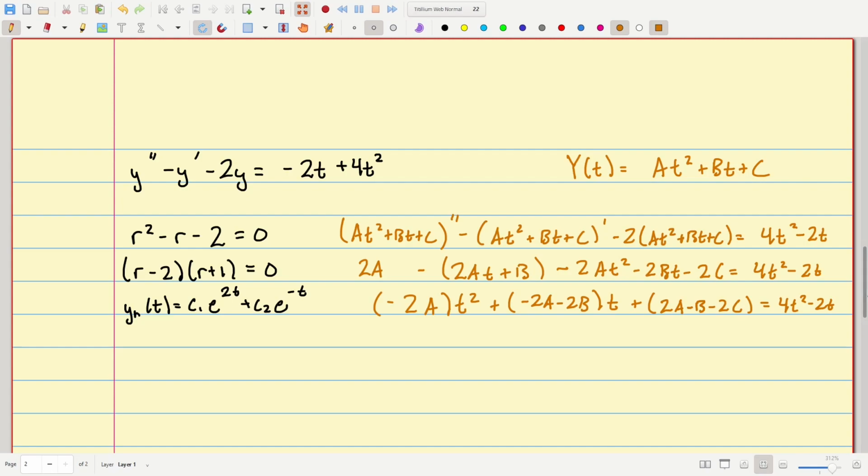All right. Talking and writing and thinking at the same time is too much. Anyway. Okay. So now we have this set up. And what we want to do is through the matching of coefficients, write down a system of 3 equations and 3 unknowns.